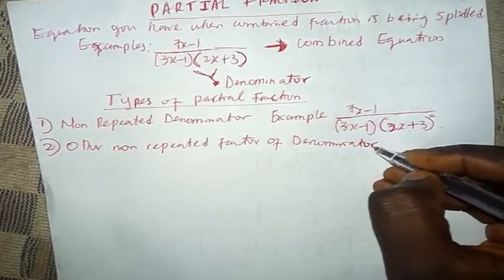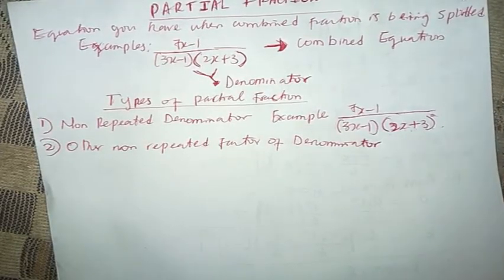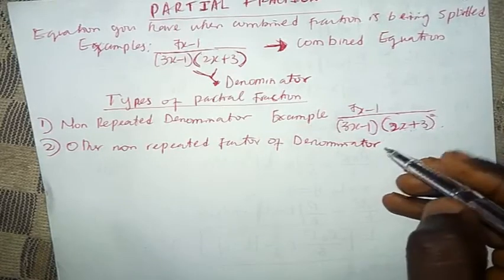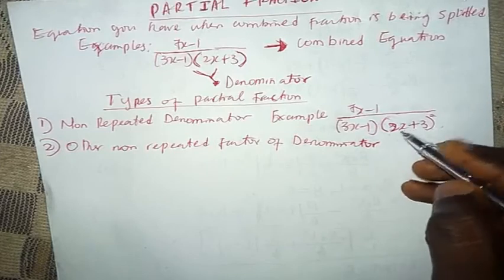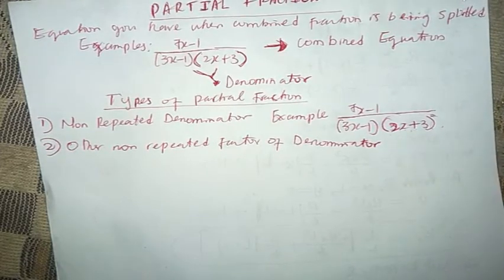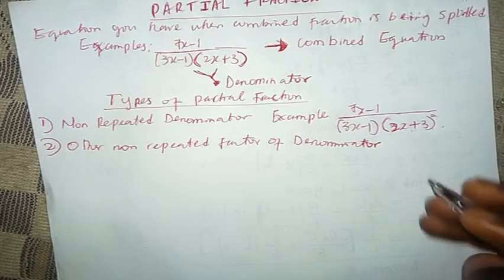It cannot be expressed further, so the factor cannot be split into 2. It will just continue like that. You can split some quadratic factors into 2, and there are some that you are going to handle using the completing the square method. So for this kind of question, you cannot split the quadratic factor into 2, so you are going to use the completing the square method.